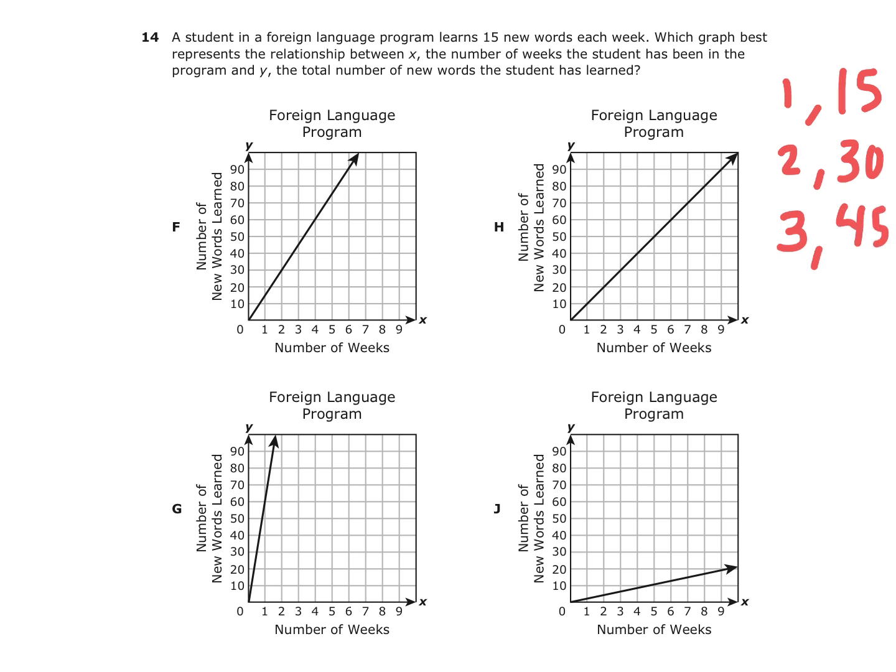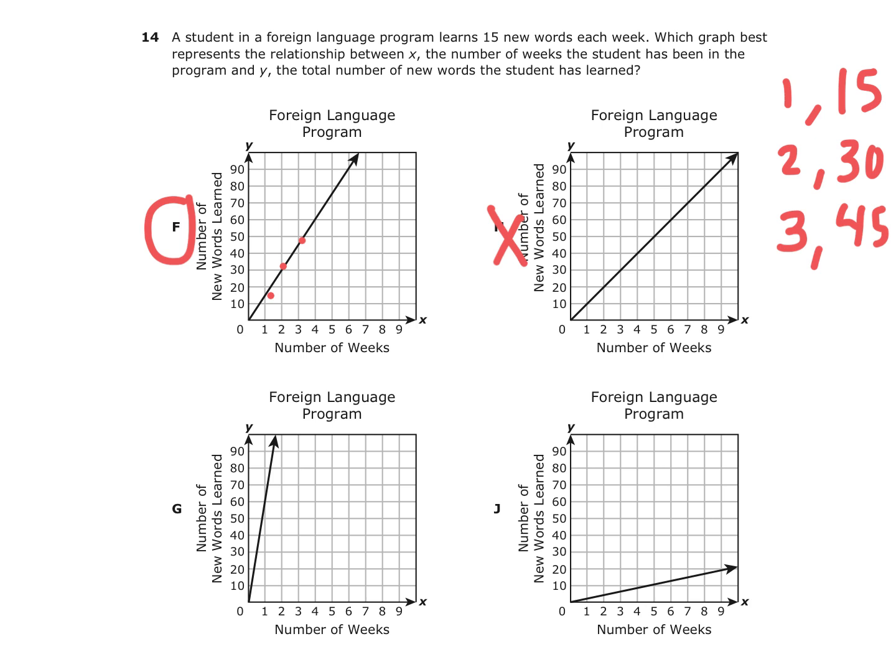So we need a graph where we look at the number of weeks. 1 week, this could be 15. 2 weeks, that's 30. 3 weeks, that's 45. So it looks like this could be the possible correct answer. But before we do that, we need to rule out the other answers. Let's see. Here, 1 week is 10, and 2 weeks is 20, and 3 weeks is 30, so that's not correct.